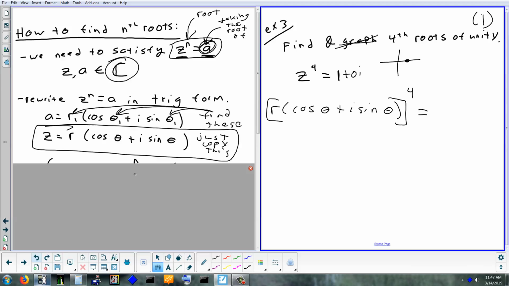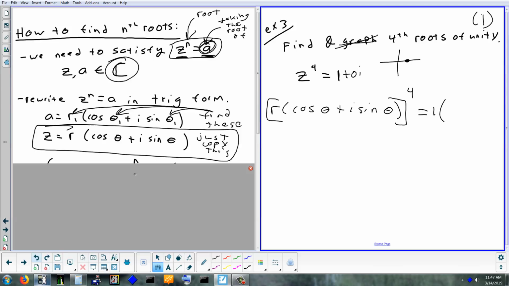How far is that point from the origin? 1. If it wasn't easy to figure out, I would have just done the Pythagorean theorem. If the angle wasn't easy, I would do inverse tangent y over x. But it's on the axis, so this angle is easy to figure out.